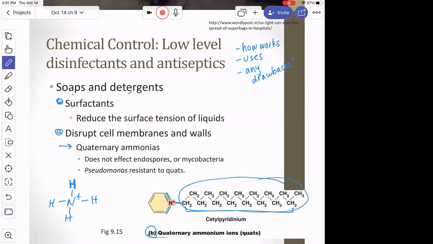This is a low-level disinfectant or antiseptic, depending on how it's used. So it's not going to affect endospores or mycobacteria. And kind of alarmingly enough, quaternary ammonias have been used for so long that we're starting to see some resistance to quats, especially with a particular bacteria, Pseudomonas. That's a bacteria that we use in lab all the time, and it's typically not one that will cause infections in healthy individuals, but it's a huge problem in healthcare settings.